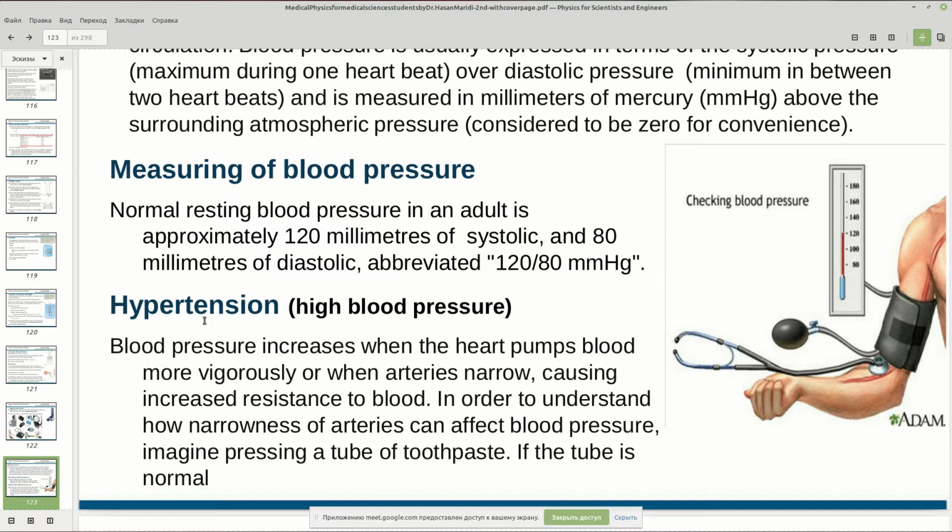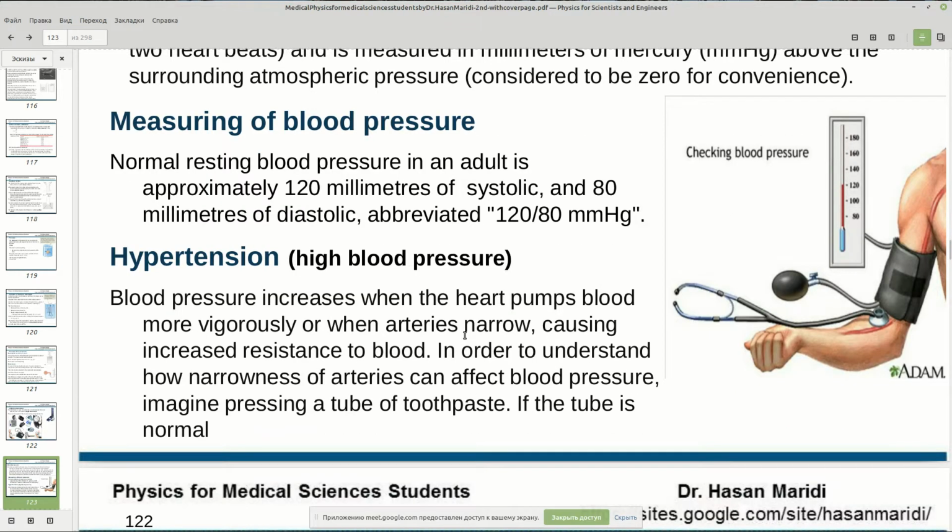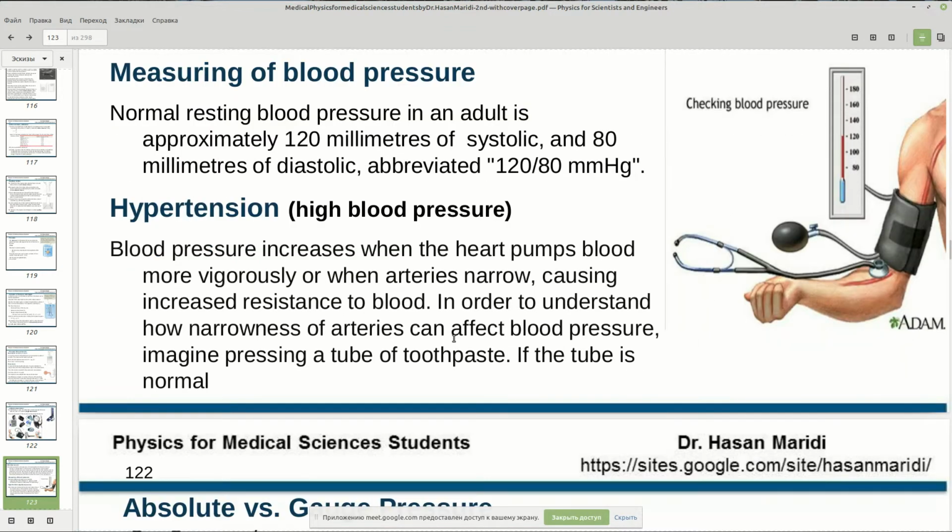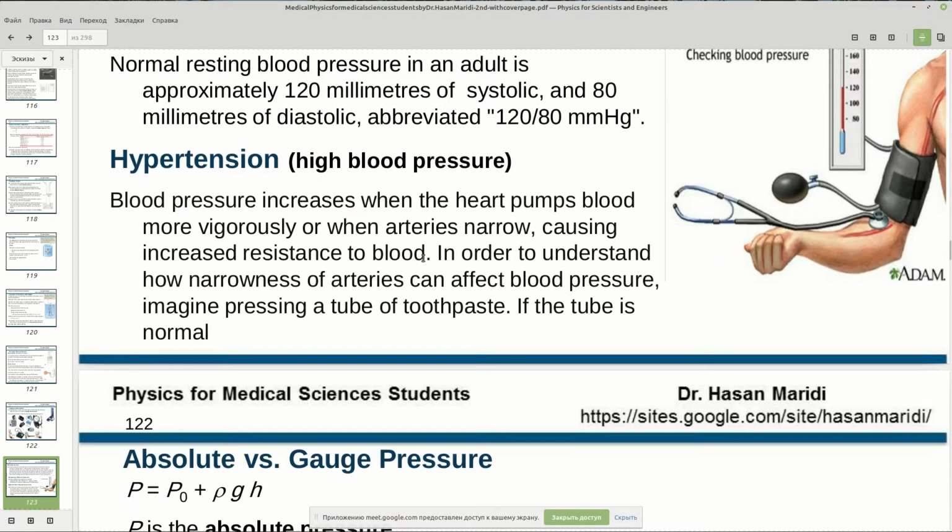Hypertension is high blood pressure. Blood pressure increases when the heart pumps blood more vigorously, or when arteries narrow, causing increased resistance to blood flow.